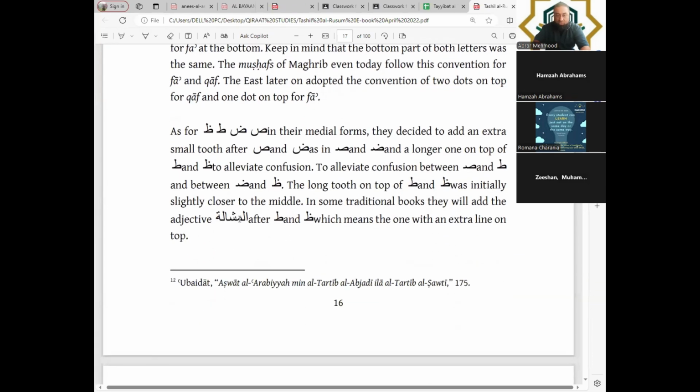Al-Mushala again here. You can see how dots were introduced. So here, for example, again, medial forms. An extra tooth was added for Sad and Dad. So we just came across that Sad itself here was introduced to highlight Hamzatul Wasl, that temporary Hamza which was used so that words could be read properly.